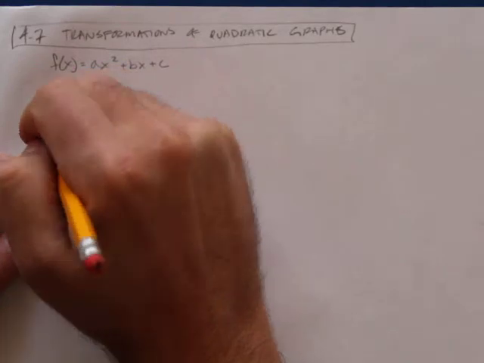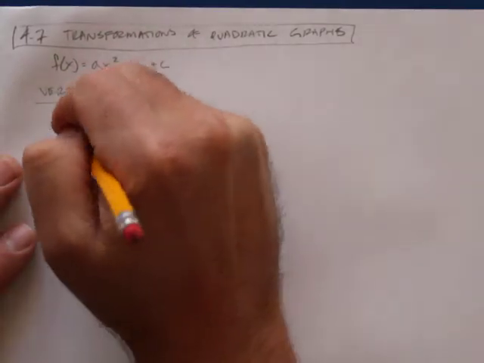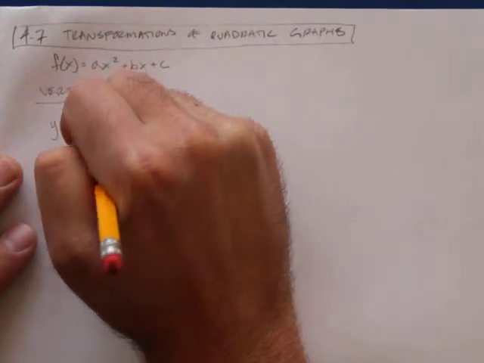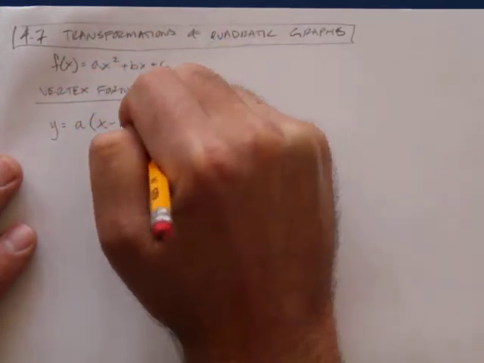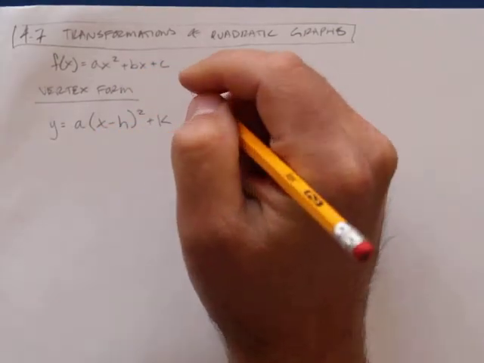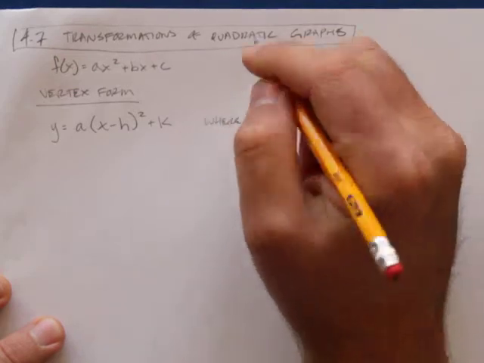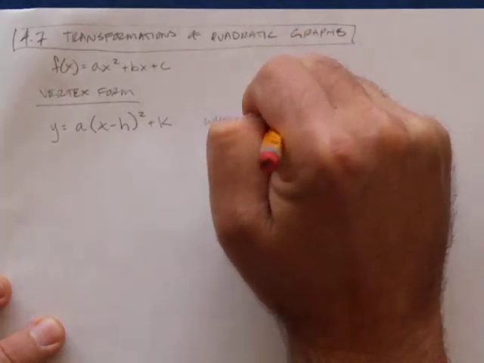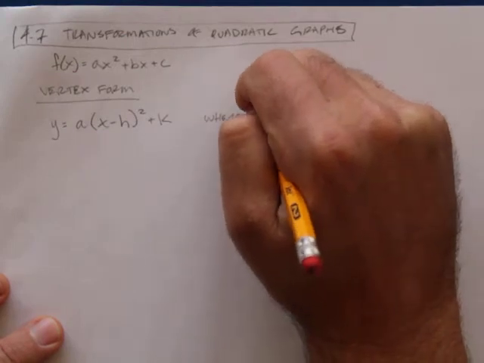And vertex form looks like this. y equals, or f of x equals, a times (x minus h) squared plus k, where h and k is the vertex.